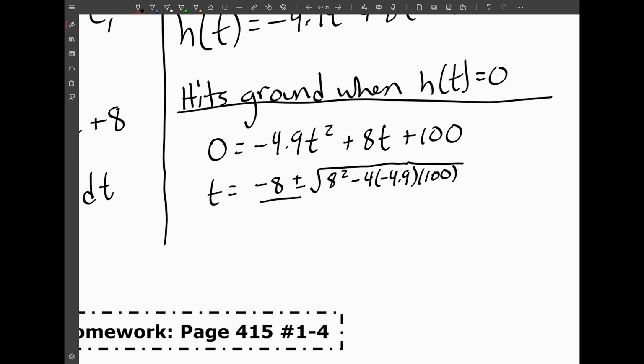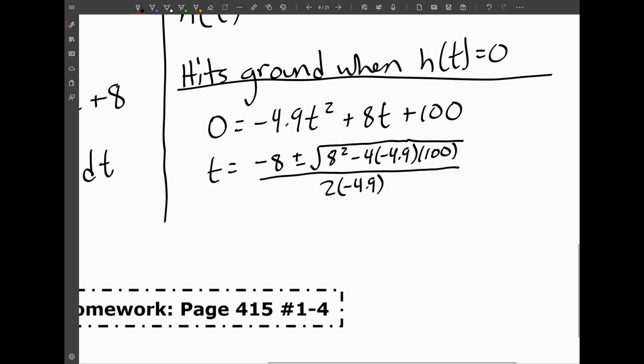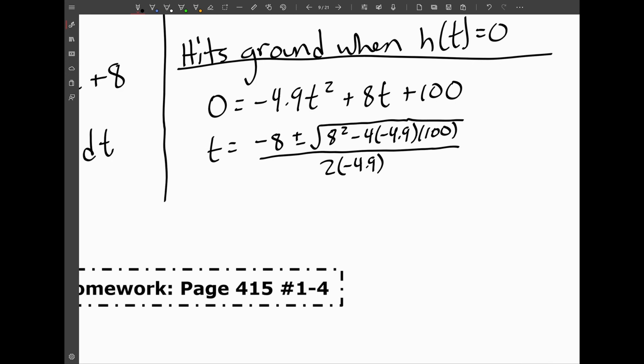Unless, of course, you didn't watch the previous example, in which case, if you get confused, go watch the previous example. It's almost exactly the same as this one. So when we finish this off, we get t is equal to negative 8 plus or minus square root of 2024, all over negative 9.8. I don't love that, so I'm just going to cancel those negatives.